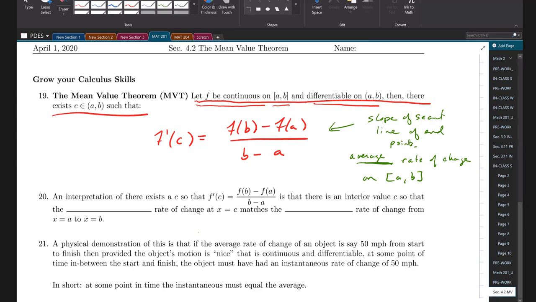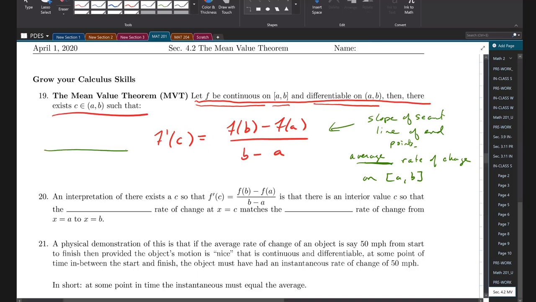Okay? What rate of change is on the left-hand side? Not the average rate of change. Instantaneous. On the left-hand side, we've got the instantaneous rate of change.